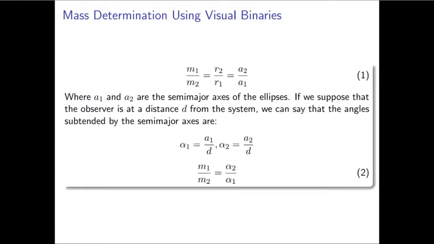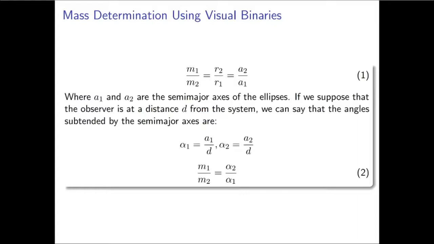Now, what is A2 and what is A1? As Pugal already talked to you about, as he introduced one picture of the ellipse, A2 and A1 are nothing but the semi-major axis and semi-minor axis of the ellipse. For normal cases, I'm not talking about the specific cases where the binaries are in a circular motion.